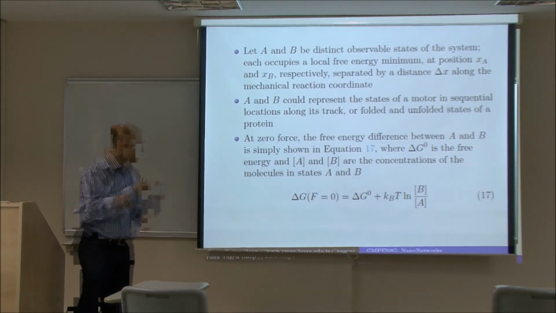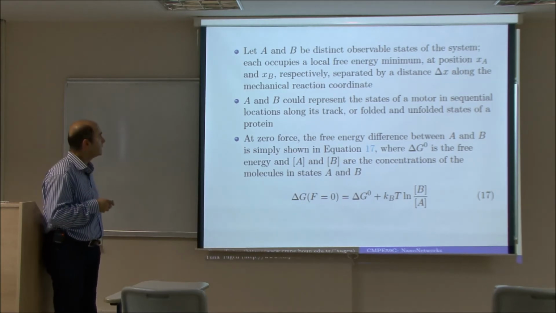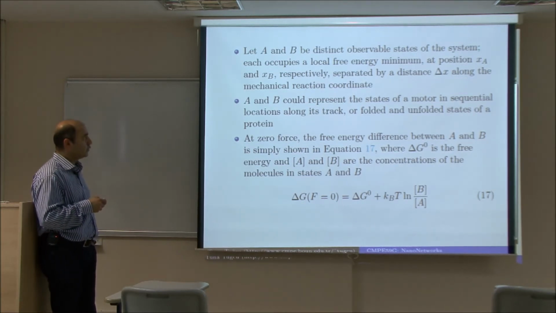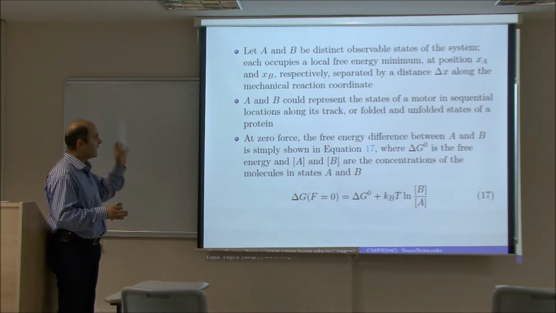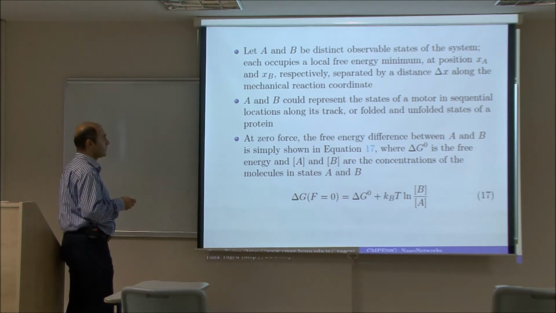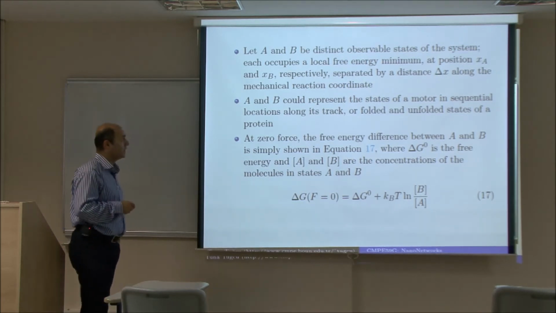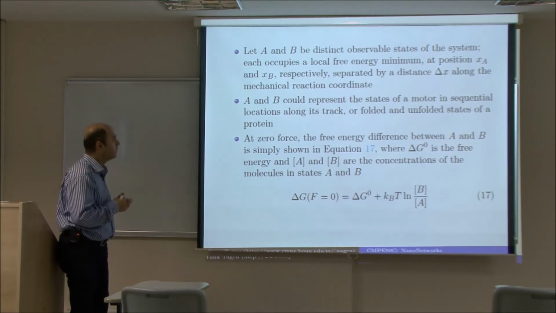So to come up with some results, what can we do? Let's consider two states, A and B. The system was in state A, then it's finally in state B. Each one occupies a local free energy minimum. Remember, this thermodynamic system tries to go to the minimum energy.